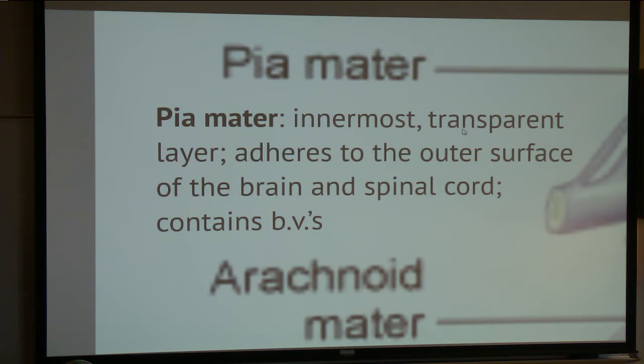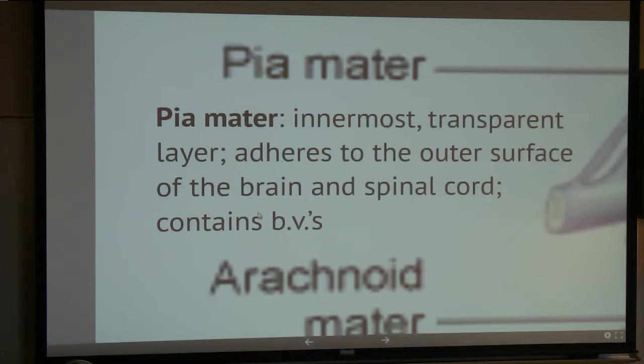You might not even realize it's there until you try to twist or move the brain a little bit and you'll see it wrinkle up. So it is physically adhering to the outermost surface of the brain. And we do find blood vessels. BVs just stands for blood vessels. So it does physically attach to the outermost region of the brain and the spinal cord.